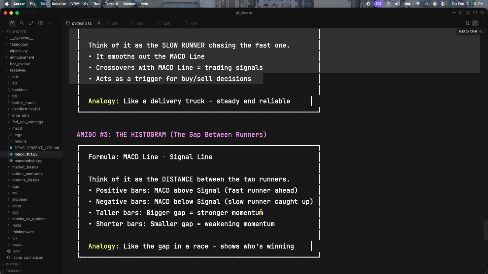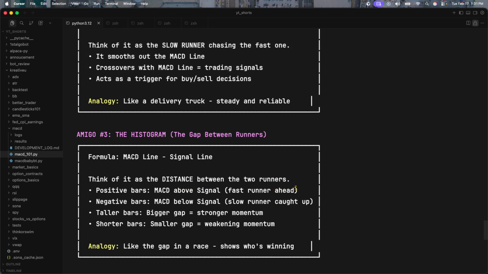And then we have Amigo 3, which is the histogram, the gap between the runners. So MACD line, subtract the signal line, that gap is going to create a histogram. The bigger the histogram is, the more momentum it's going to have. So think of the distance between the two runners. The positive bar, MACD, is above the signal. The fast runner is ahead.